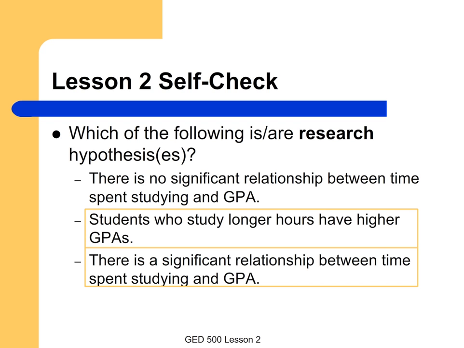In this case, the last two options would suffice for research hypotheses. Students who study longer have higher GPAs. Yes, we're taking a stance on a particular issue. And the other, there is a significant relationship between time spent studying and GPA. Both of these are indicating a position, whereas the null hypothesis, as we saw, said that there's no relationship. So the answer for this one was 2 and 3.